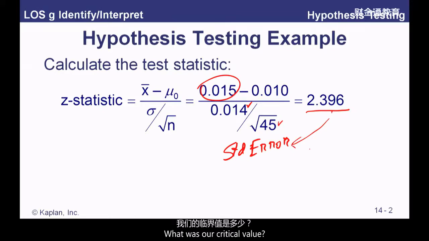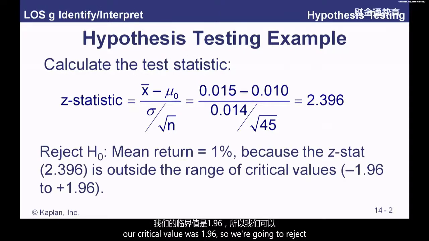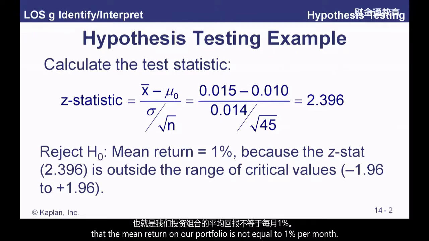Well, what was our critical value? Our critical value was 1.96, so we are going to reject the null hypothesis in favor of the alternative hypothesis that the mean return on our portfolio is not equal to 1% per month.